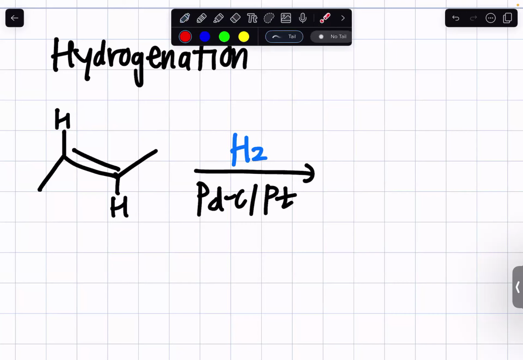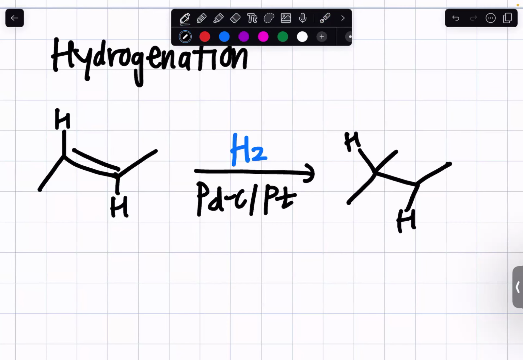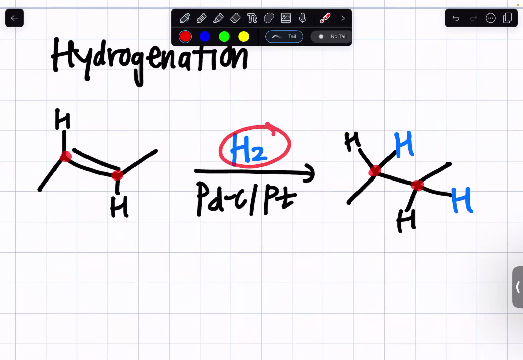When we do this reaction, we are going to add the H's from the H2 to both carbons of the alkene. Those two carbons there gain a hydrogen from the H2 right there.